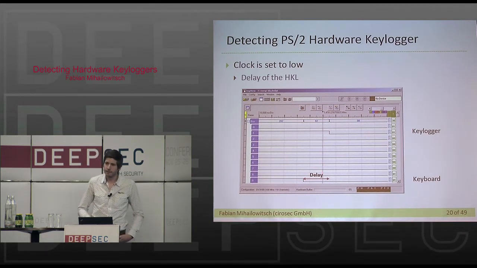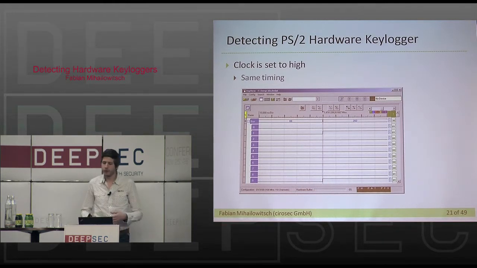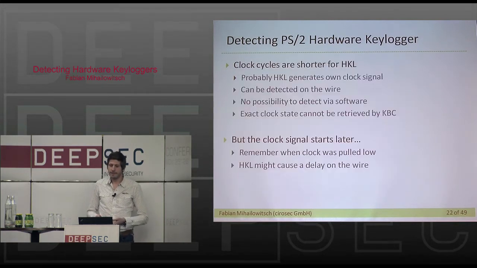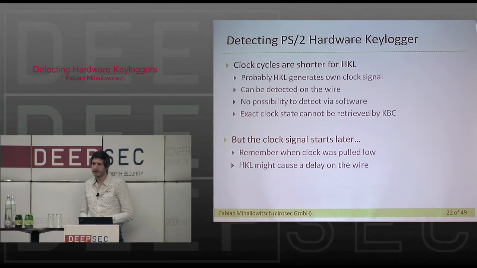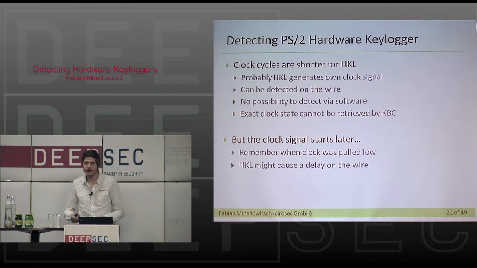Once the clock is pulled back to high, it is at the same timing. So what we can see is that the clock cycles are shorter once the keylogger is present. Like I mentioned, this is probably because the hardware keylogger just sends the data again with its own clock signal. And you can detect it on the wire.